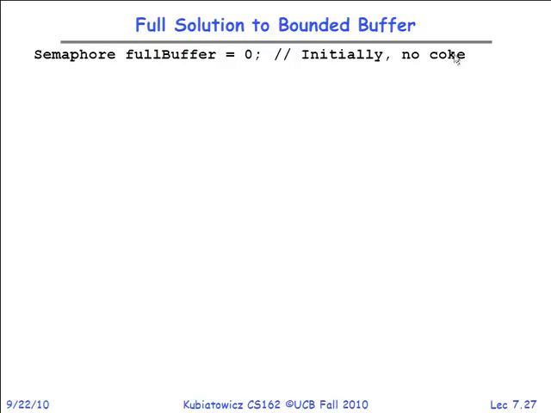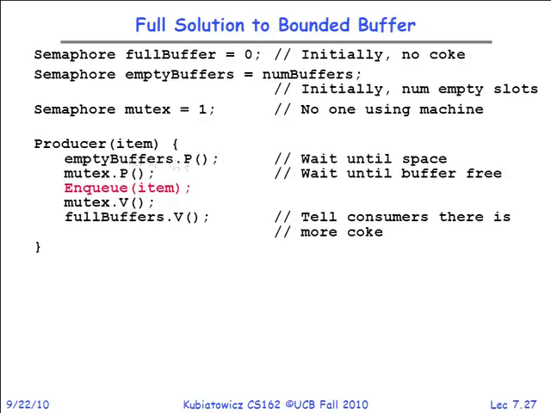So how does the producer look? Producer says emptybuffers.P. So first of all, it says wait until there's space in the machine. If emptybuffers is 0, there are no empty slots in the machine, and the producer is going to go to sleep right here. Let me say that again. If emptybuffers is 0, because the machine is full, then the producer is going to go to sleep right here.